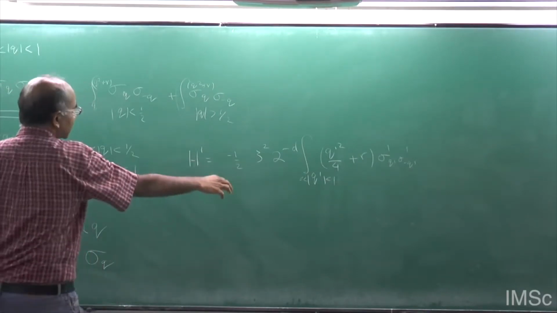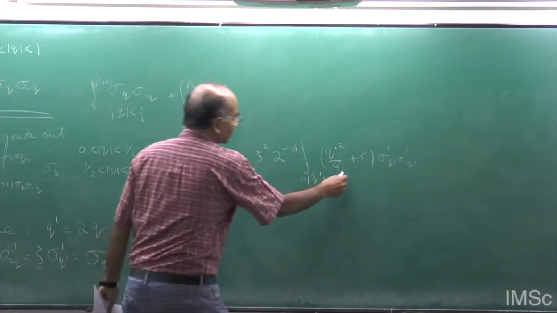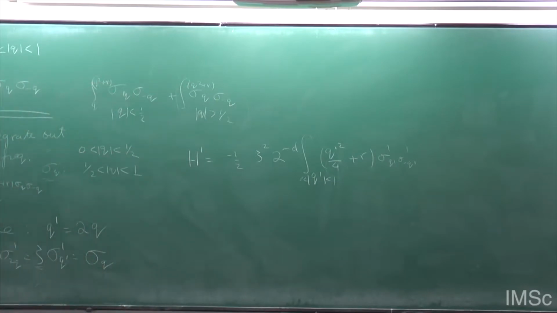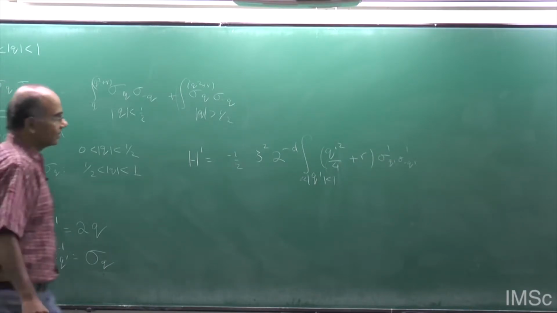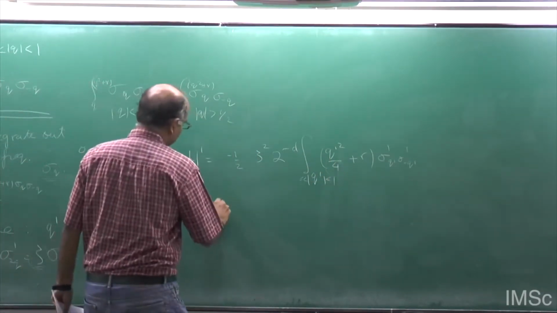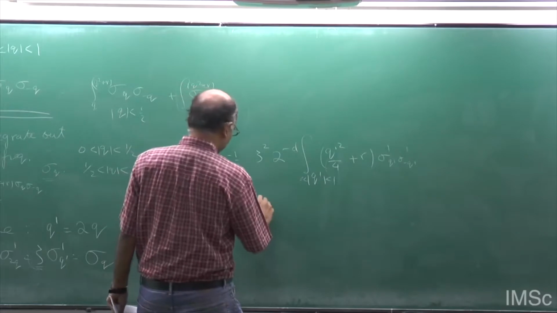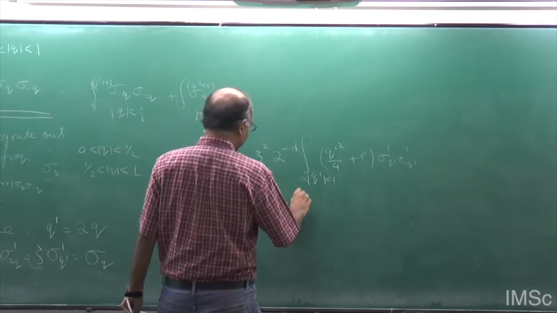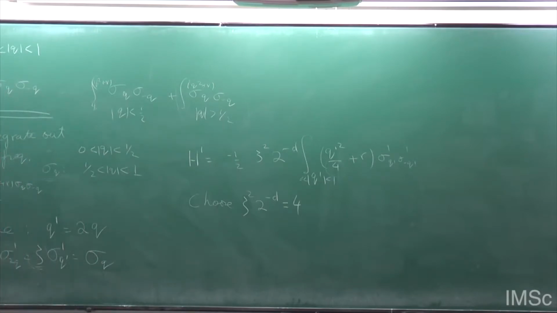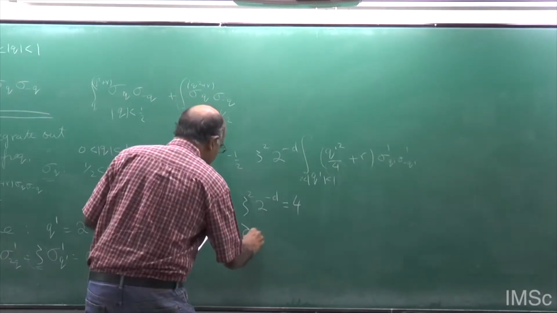Now you have to see, is this the same form as that? The answer is it's not, because of this 1/4. So you have some freedom. That's what the freedom of rescaling was. So we choose this scaling parameter zeta to make this again 1. This is a crucial step. So choose zeta squared 2 to the power of minus d equals 4.